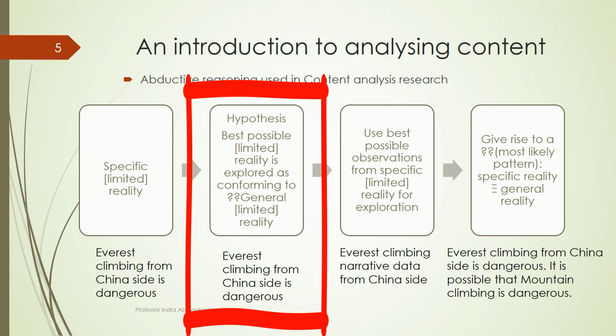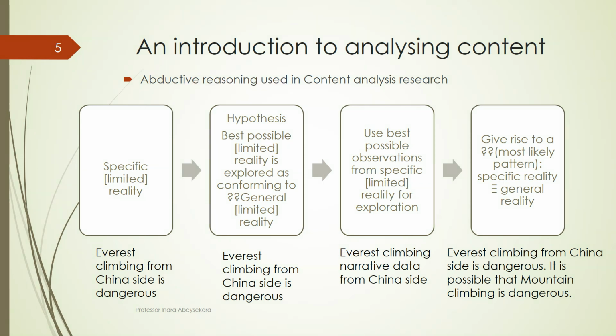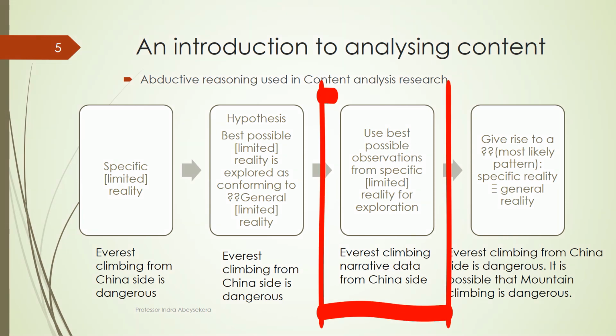The third stage is to use the best possible observations from the specific reality for an exploration and for our research question. So we use an array of data about Everest climbing from China side, which has a context, and we analyze those data.